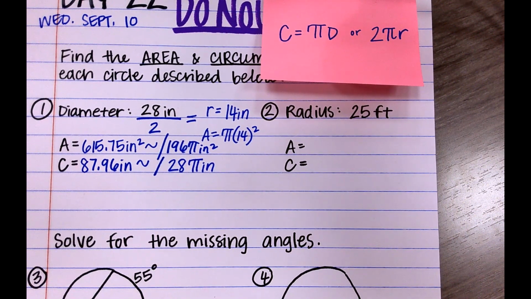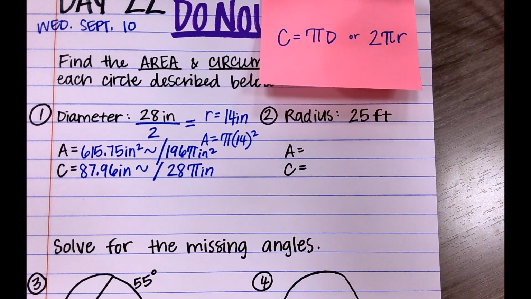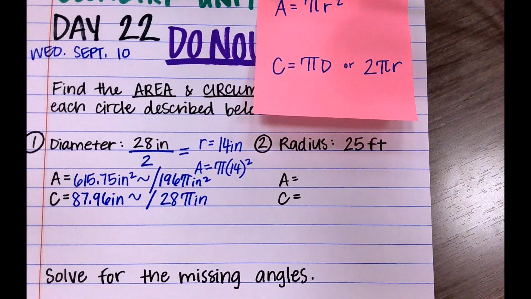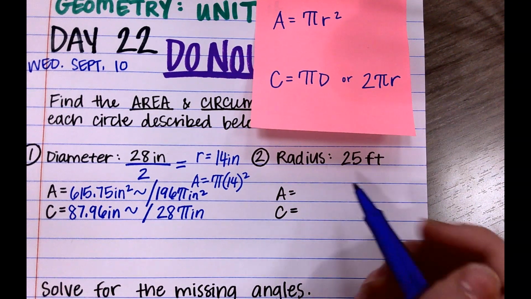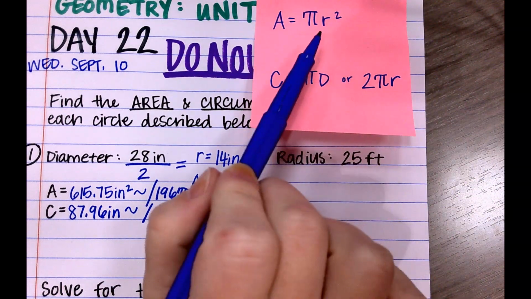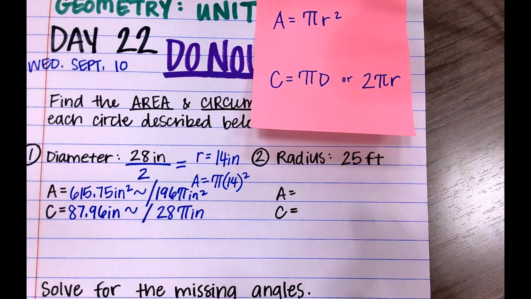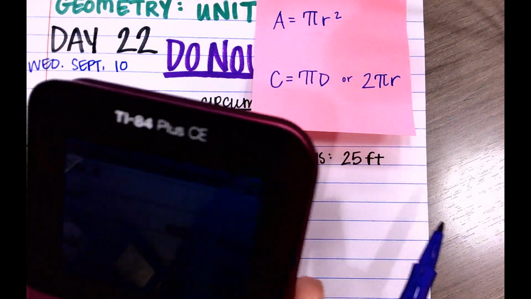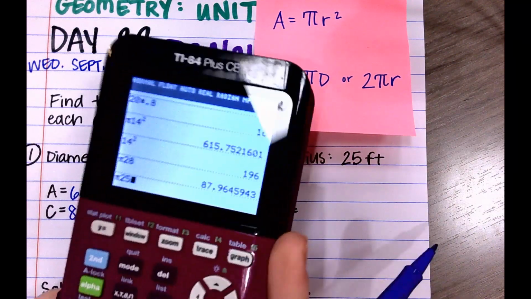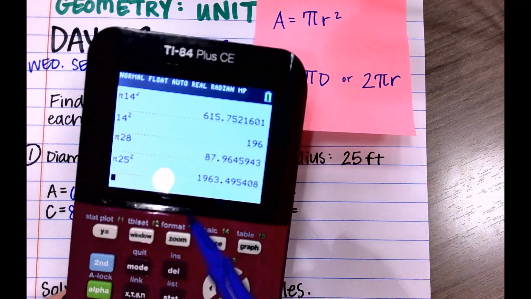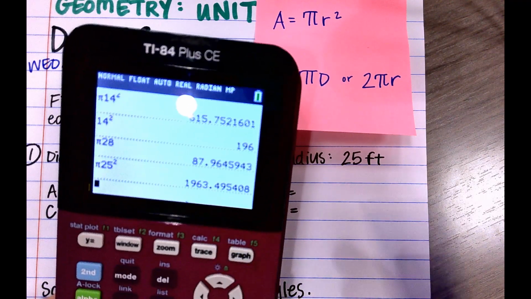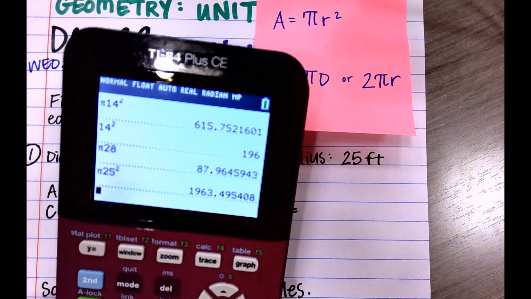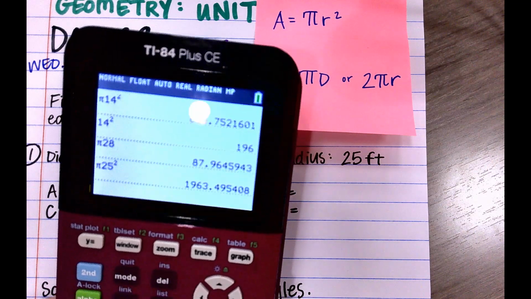Now I'm giving you a radius. So how would I find area? Yes. Let's see, pi times 25 squared, and that gives me approximately 1,963.495408.